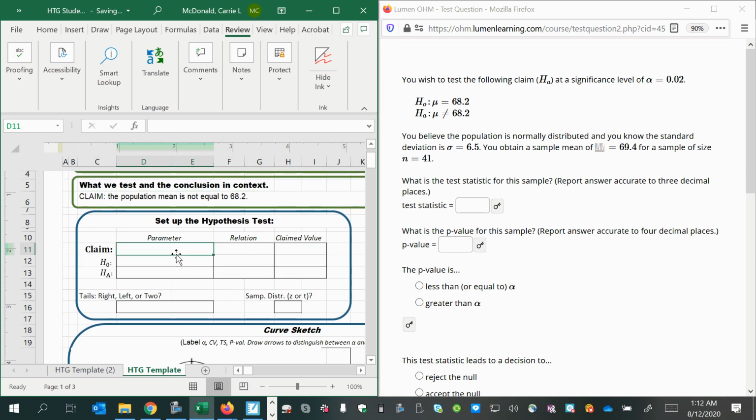But we don't have that, so we'll just use the symbols, and we are testing a mean, so the population parameter would be the Greek letter mu, and the relation symbol here is not equal, so we'll use exclamation point and the equal sign. The claimed value of 68.2, we're testing to see if it's not that, but we're going to do it under the assumption that the null hypothesis is true, so that we use the equal sign there.